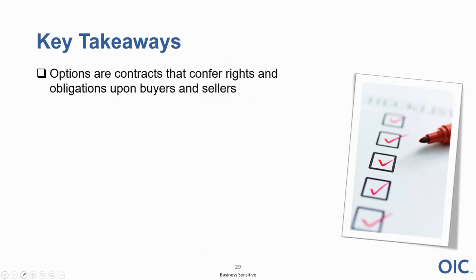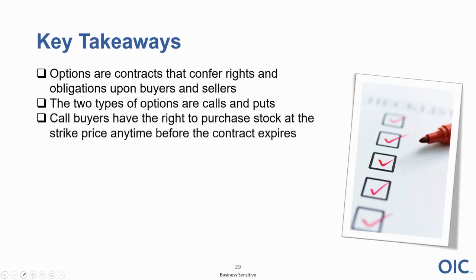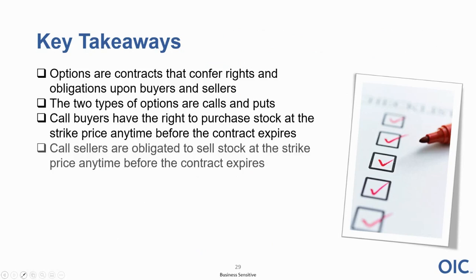Options are contracts that confer rights and obligations upon buyers and sellers. We've got calls and puts. A call buyer has the right to buy stock at the strike price anytime prior to expiration. That right is realized upon exercise of that option.